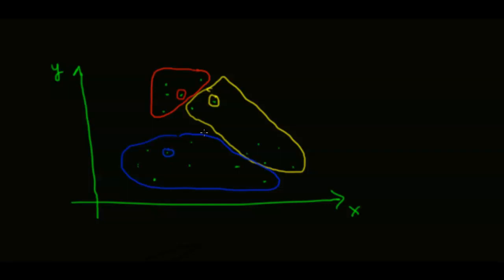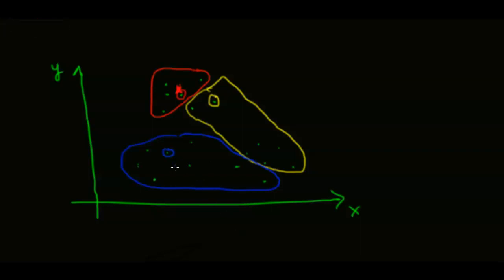So we rethink and we say, all right, of all the dots that are in the red group, where is a likely place to put the center? Basically I add up all the x and y locations and find the mean, and say, okay, that looks like the center of the red dots.